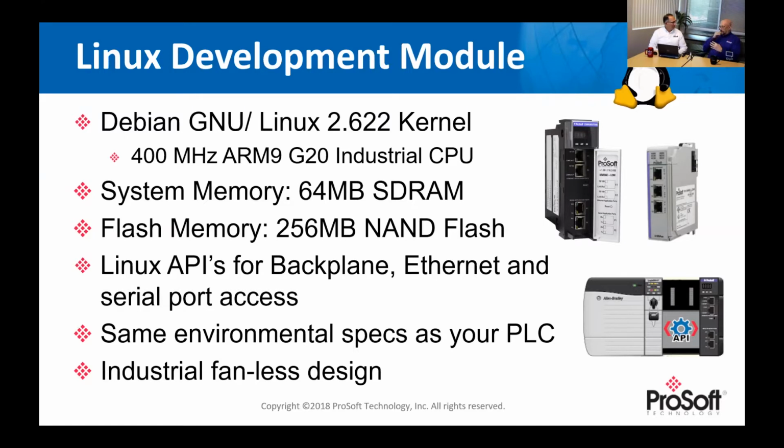So along with that, we give 256 megs of what's known as file system memory. Because it's a Linux box, it has a file system on it where you can store log files or firmware images that you upload, modifications, things of that nature.